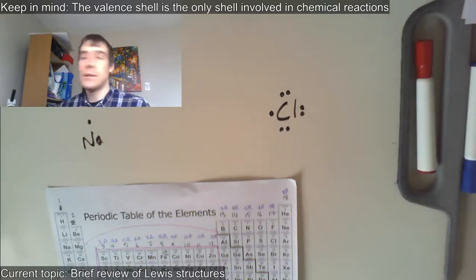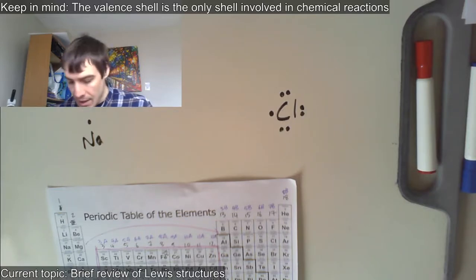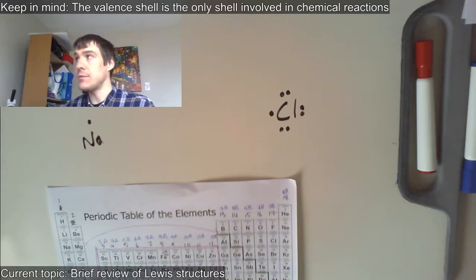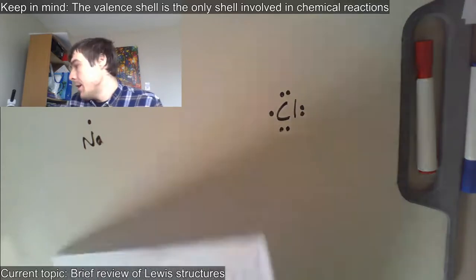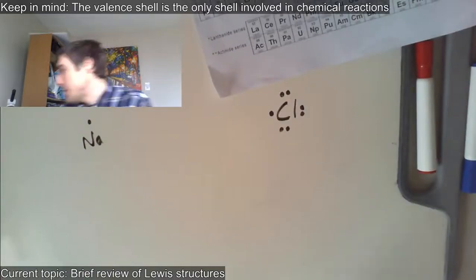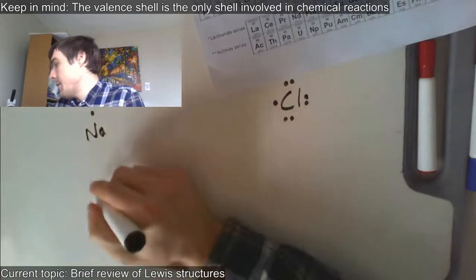What I'm going to do also here, because it'll help us explain the trends later, is I'm going to draw the Bohr diagram of sodium and of chlorine. So I'm going to draw the Bohr diagram of sodium.